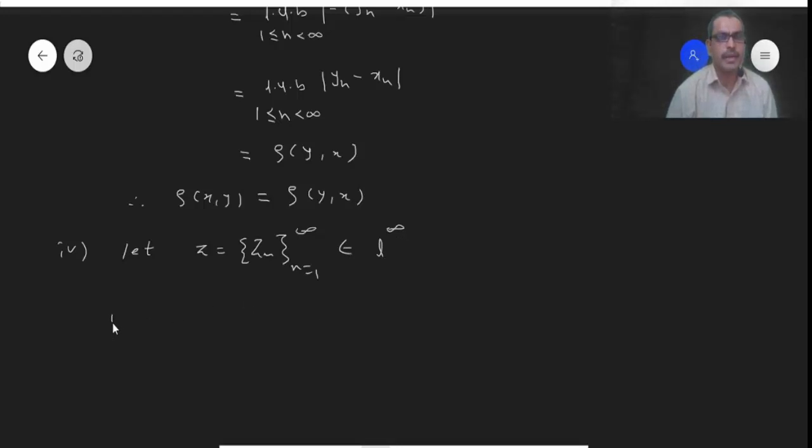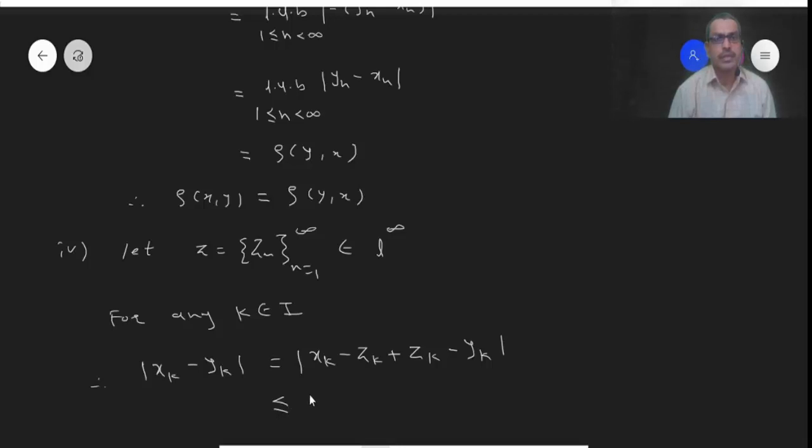Now for any k belonging to I, mod xk minus yk is equal to mod (xk minus zk plus zk minus yk).